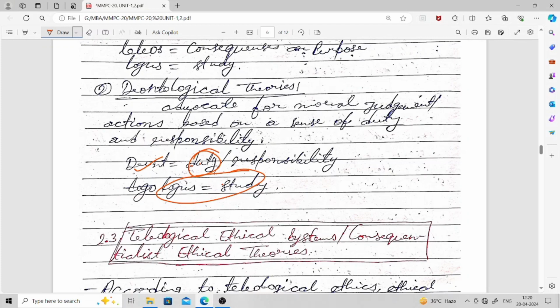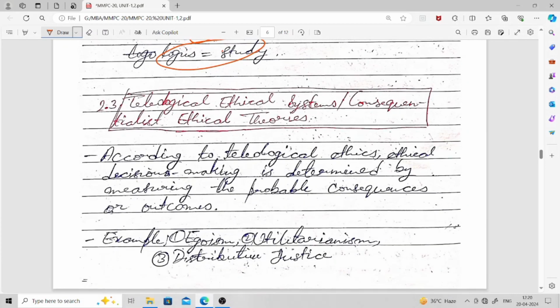Next you have teleological ethical systems and consequentialist ethical theories. So these two kinds of conventional theories, teleological and deontology, we studied. Now let us go into the detail about this.